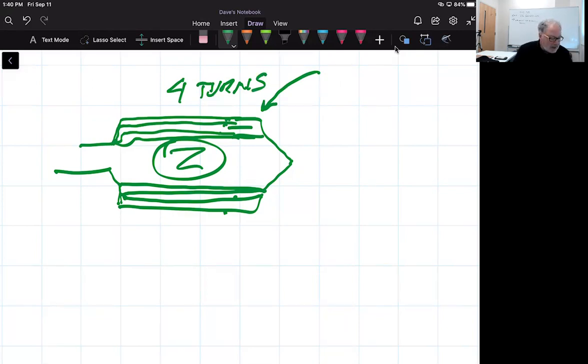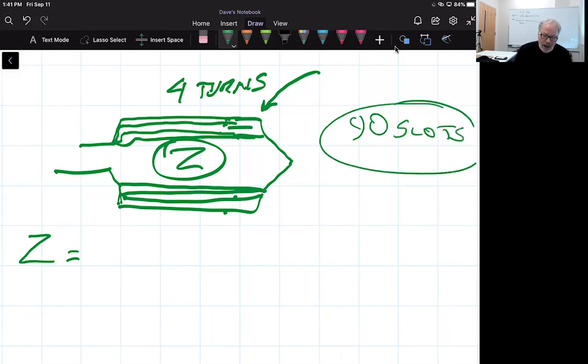So if I'm looking at this example, and I'm using equation 4.1, the Z number would be equal to, in this particular problem, and you've got to know the background to be able to understand this, because he tells us up front that there are 90 slots.